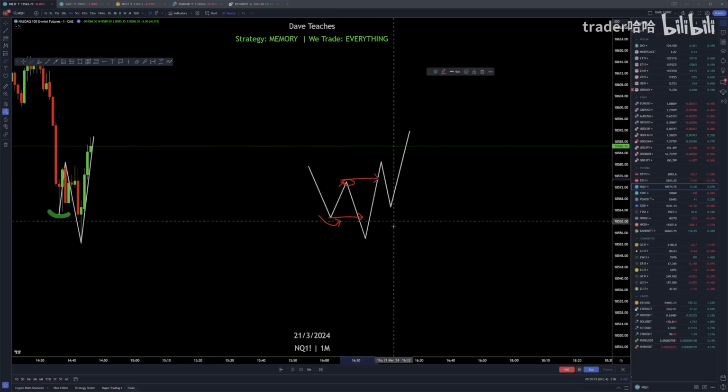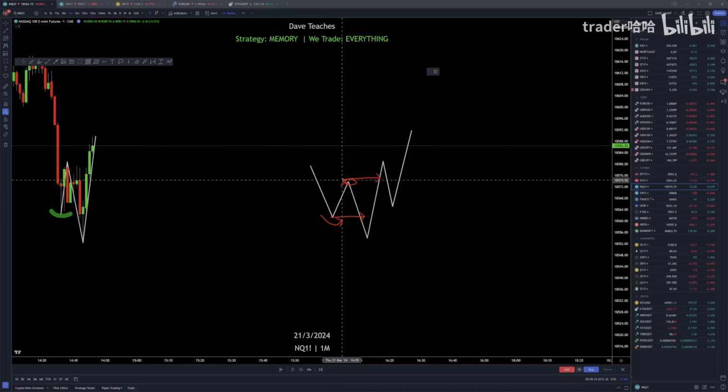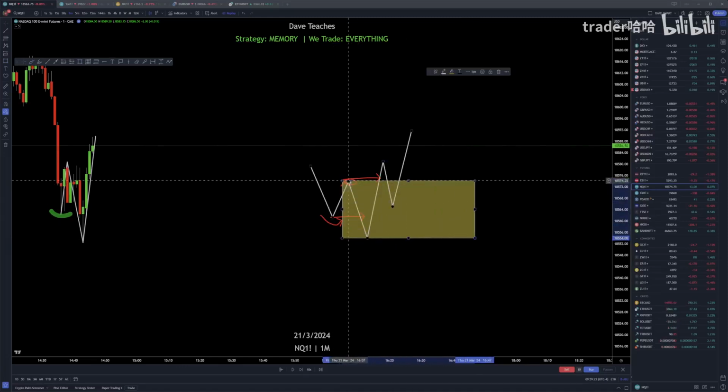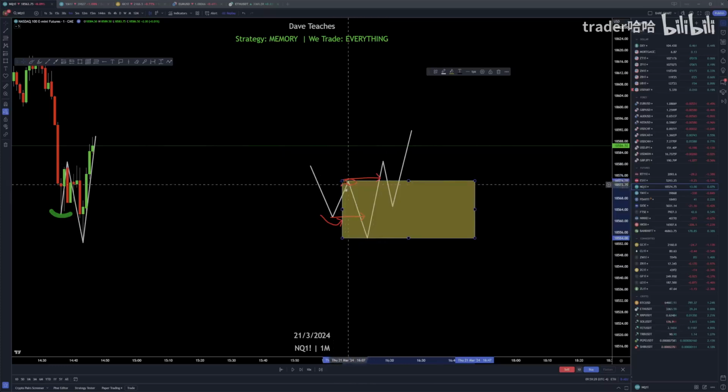So when we get up above that high, what we end up taking is the previous zone, right? That old high into the new low that was put in before we reversed to go up above the old high.